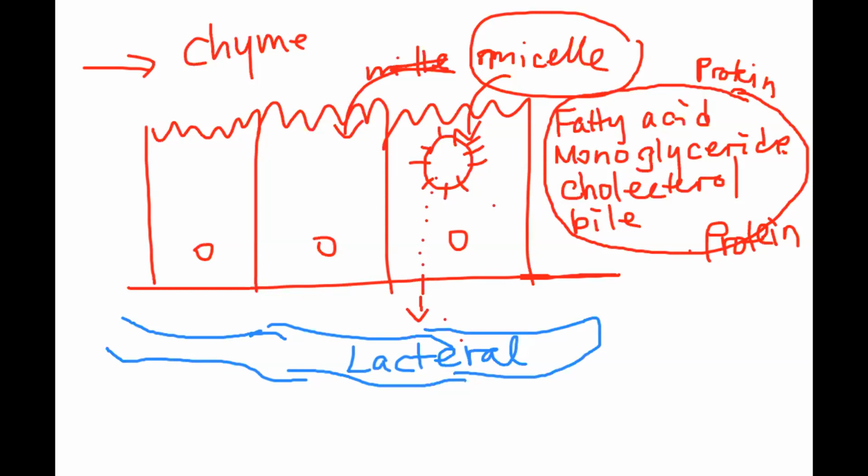So now this whole structure has another name. This one is called chylomicron. These chylomicrons can be transported through this membranous structure by exocytosis.